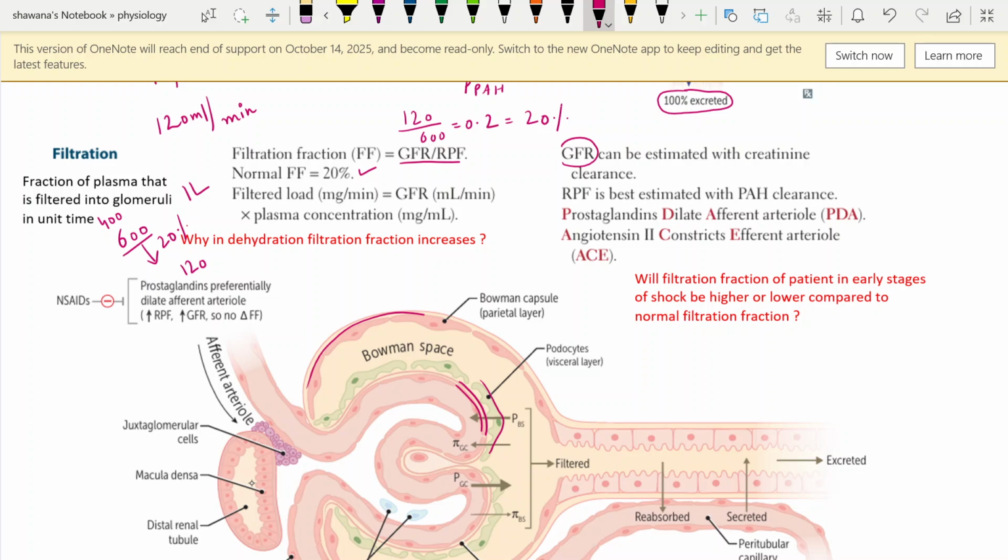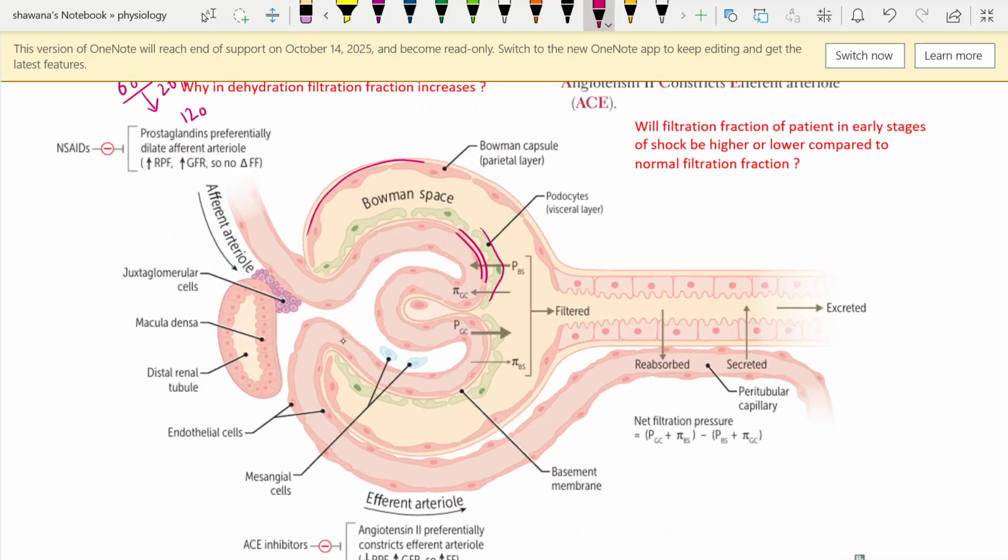Talking about this diagram, we can appreciate that this is the afferent arteriole and this is the efferent arteriole. What is the major dilator for the afferent arteriole? It's prostaglandins, mainly PGE2. Prostaglandin E2 preferentially dilates the afferent arteriole.